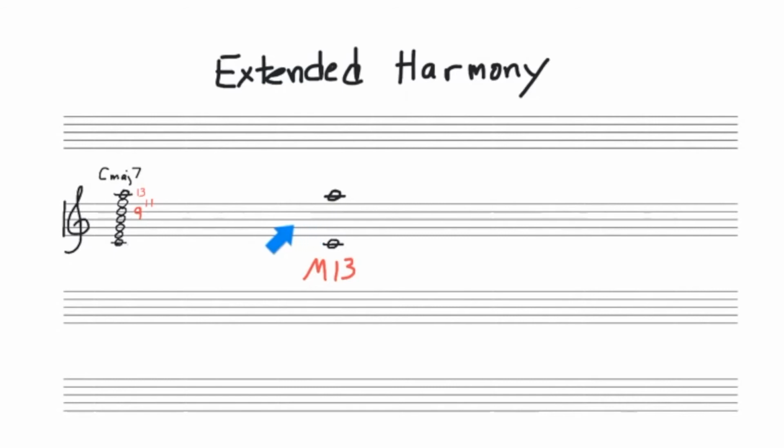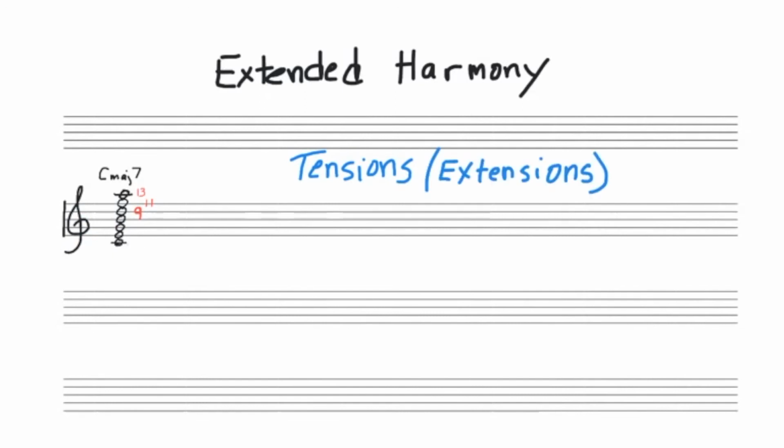In jazz terminology, we call the major 13 just 13. The 9, 11, and 13 added to a chord are known as tensions, but it is not uncommon to hear these notes referred to as extensions as well.